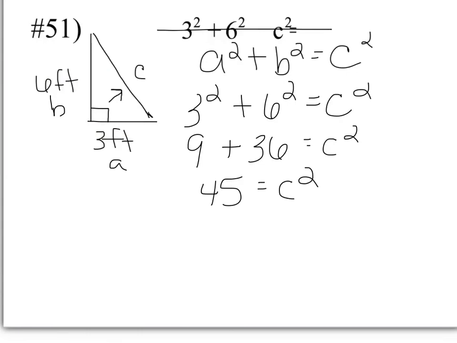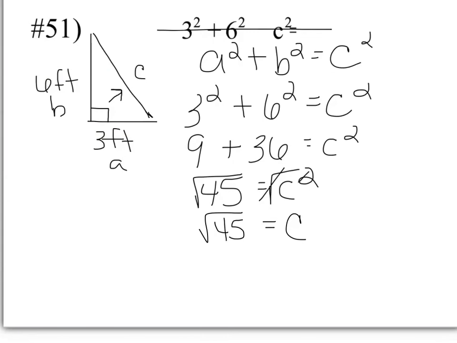However, I don't want to know what C squared is. I want to know what C is. So I'm going to take the square root of both sides because the square root and the square cancel each other. So C is equal to the square root of 45.